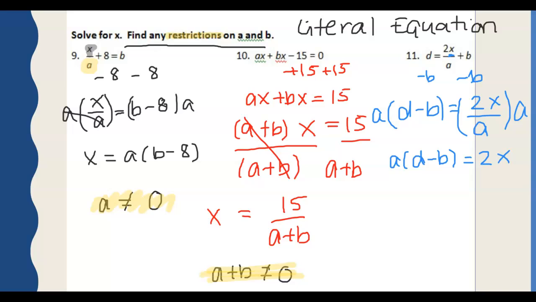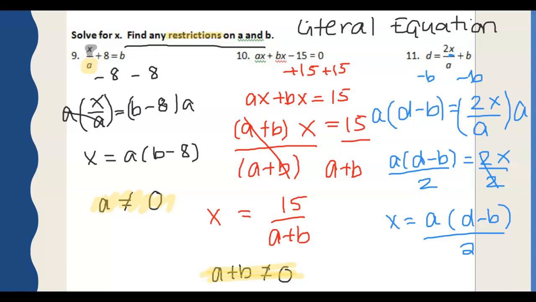And then we're left with 2 times x. So we have to get rid of the multiplication by dividing. So we get x equals a, d minus b, all over 2.